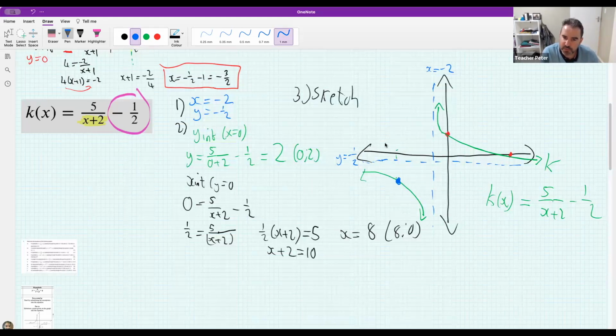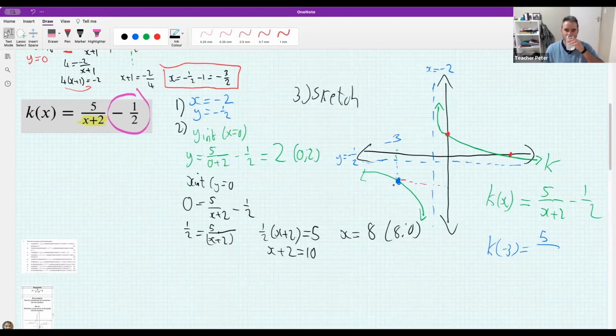Would everyone be okay with me choosing -3? If x is -3, I want you to work out what the value of k of -3 is. Can you work out what k of -3 is? Because if you work that out, then I will know what the y value is that goes with x equals -3. So this is like an upgrade question. You got a free upgrade.